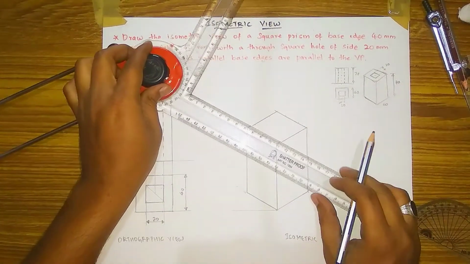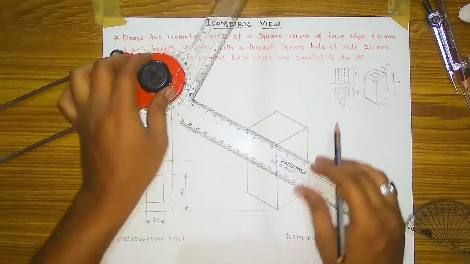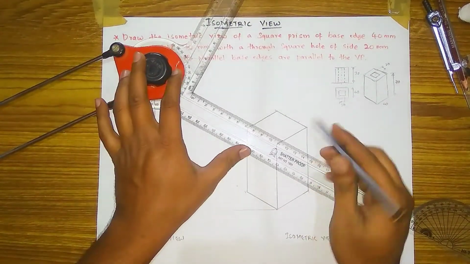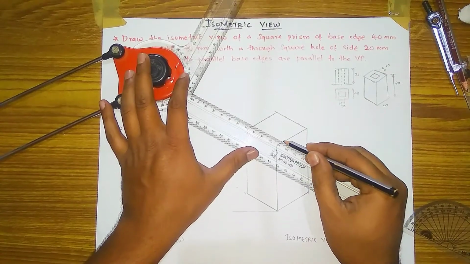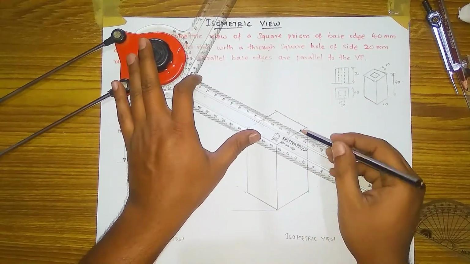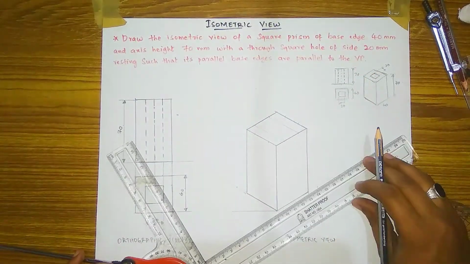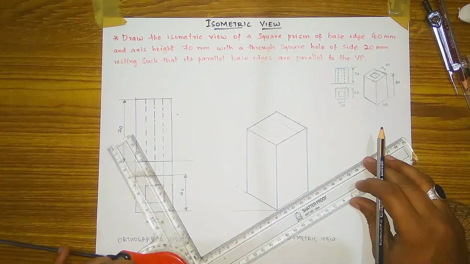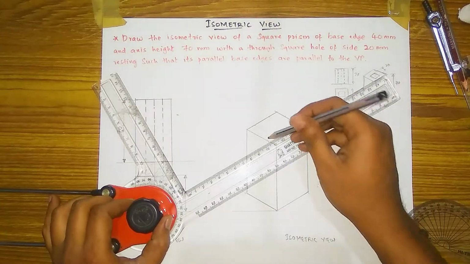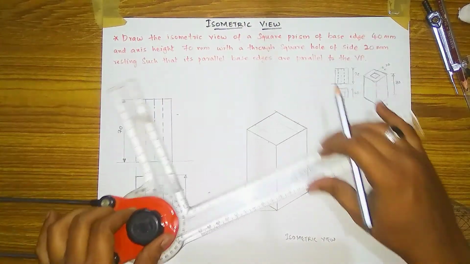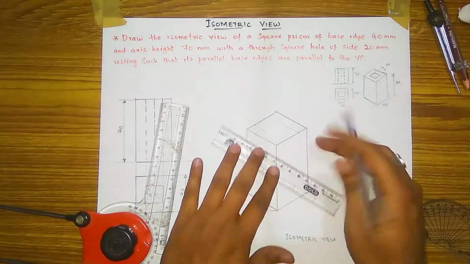Then after that you have to join these arcs with the 30-degree angle like this only. So draw the light lines like this, and with this 30-degree angle adjustment here, your cutout section also has been removed, so darken it.